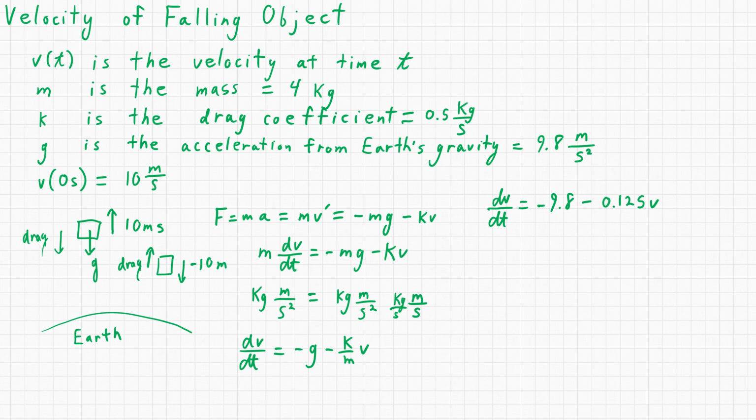We don't know how to solve this yet, but the solution to this particular ordinary differential equation ends up being v of t is equal to a constant times e to the negative 0.125 t minus 78.4.